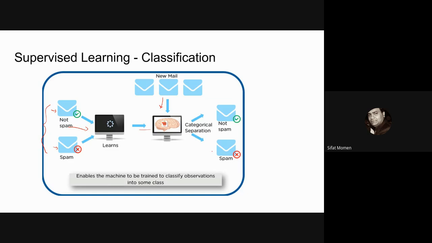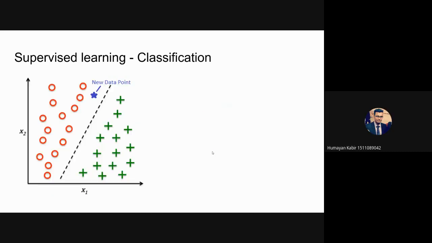Is that okay? Clear? Yes. So predicting emails as either spam or not spam is an example of a classification problem. Is that okay to everybody?